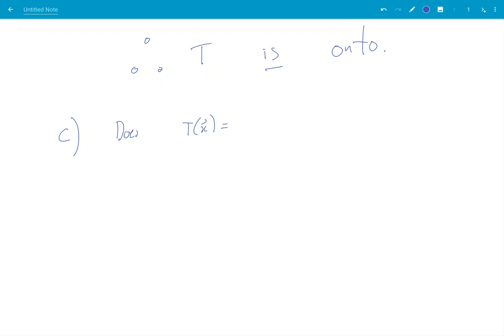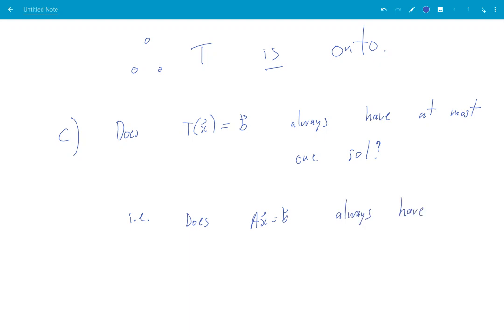Does T of X equal B always have at most one solution, i.e. does AX equals B always have one or no solution?